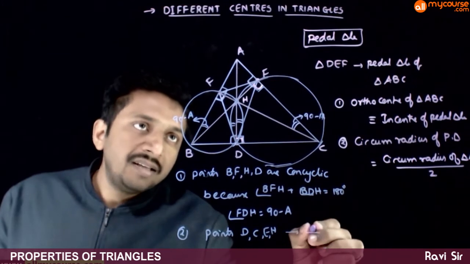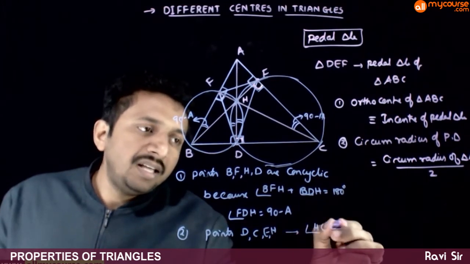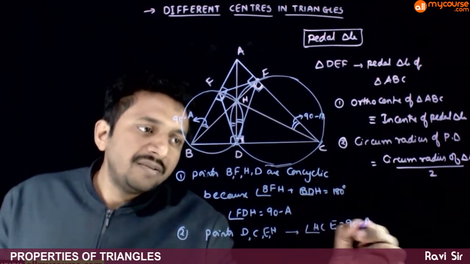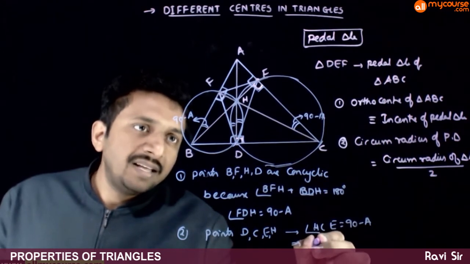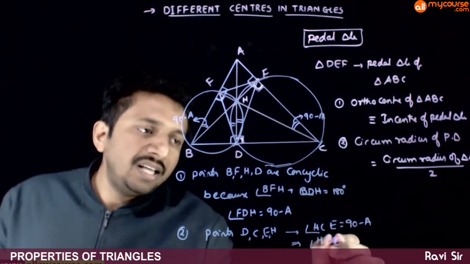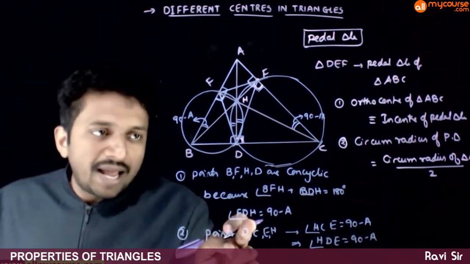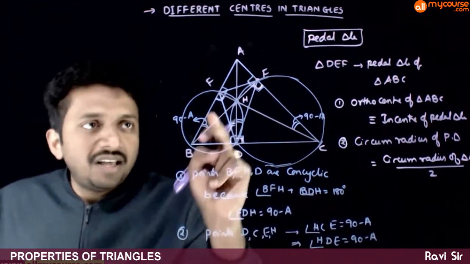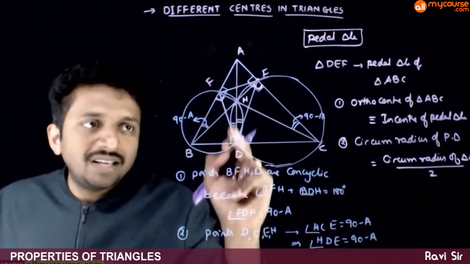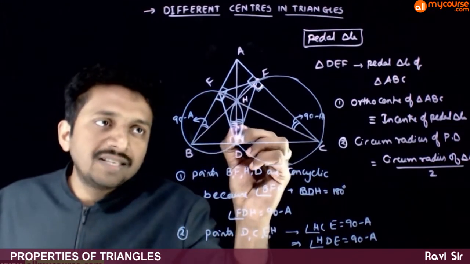So angle HCE is equal to 90 minus A. This implies angle HDE is also equal to 90 minus A. So angle FDH is the same as HDE. Hence these two angles are the same.